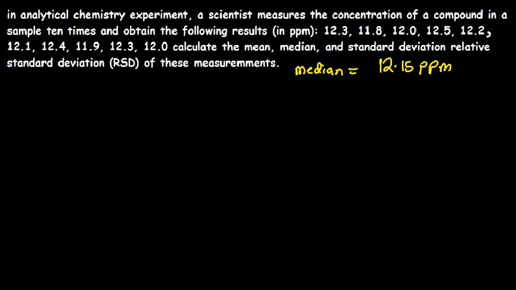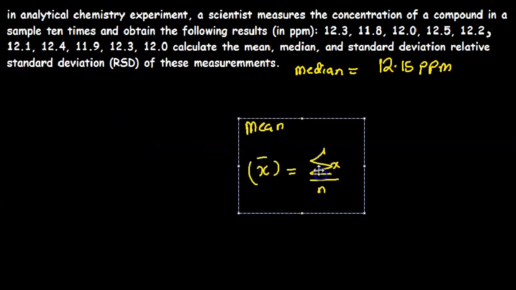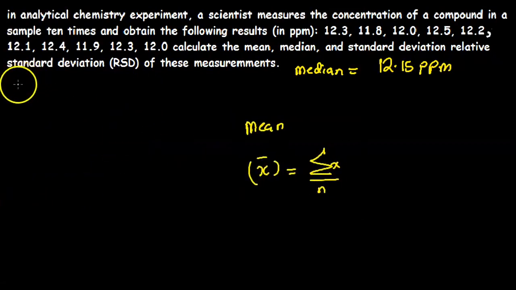We have found our median. Let's find our mean. Our mean, we said, is x bar, which is the summation of x divided by n. And remember, our number of observations here is 10, from 1 up to 10.